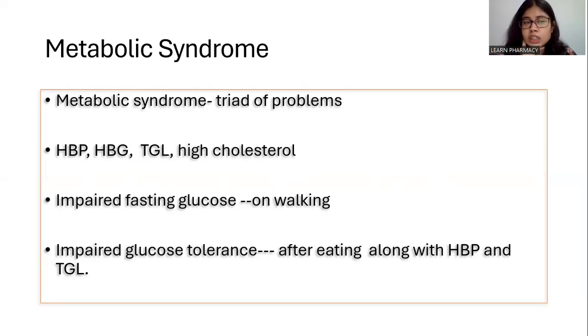There are two specific terms that I'm going to say in this slide: impaired fasting glucose, that you have elevated glucose on waking, and the second one is impaired glucose tolerance, that you have high blood glucose along with high blood pressure and high triglyceride level.